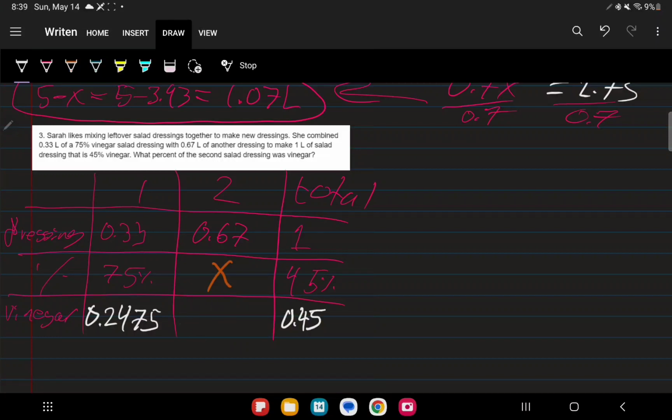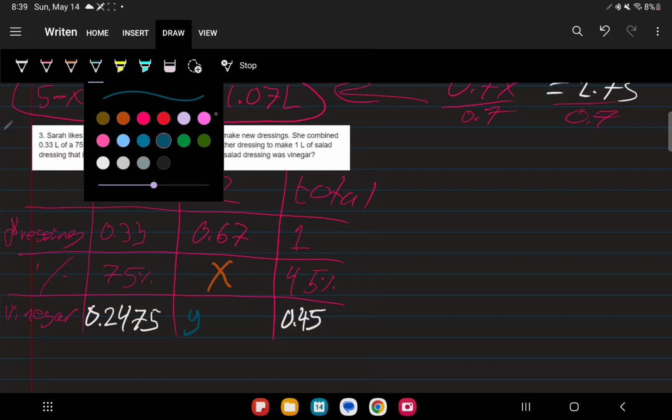So remember, when we're finding this guy, 0.45, it's going to be 0.2475 plus whatever would go here to get me that. Which means to solve for this, I'm going to call it y. To solve for y, we get y plus 0.2475 is equal to 0.45.